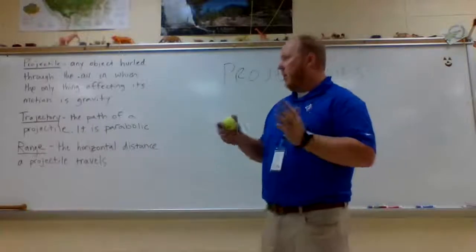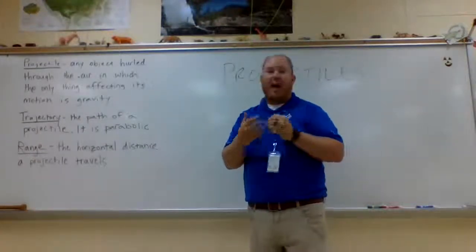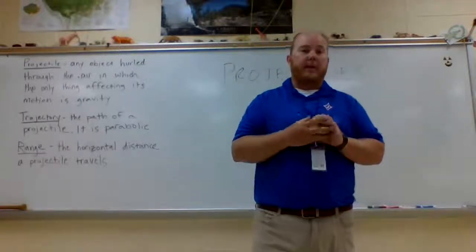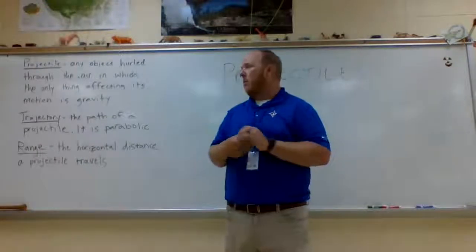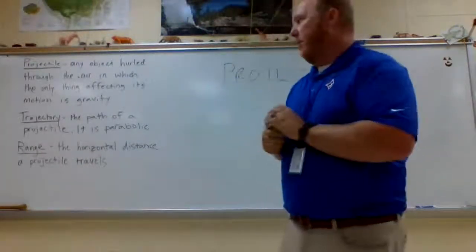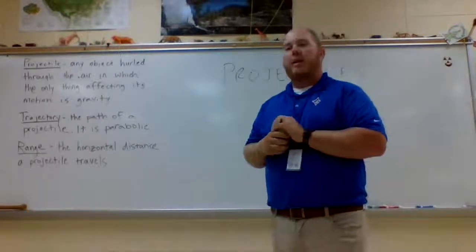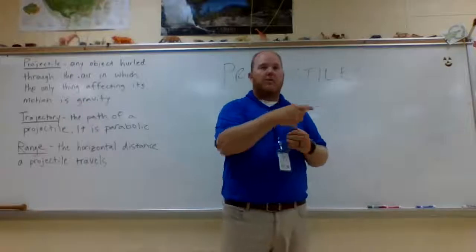I said this a minute ago: the trajectory is the name for the path of the projectile, and you can see that it is a parabola. Another word we're going to talk about is range. Range is the horizontal distance, how far it went left and right.